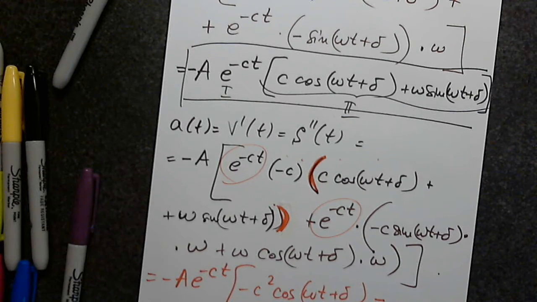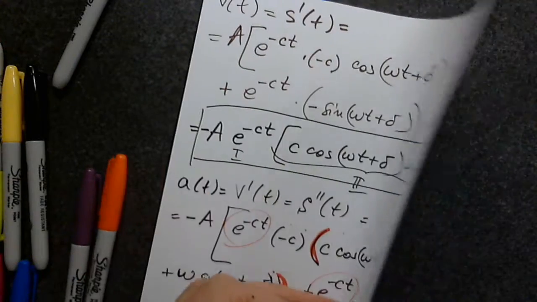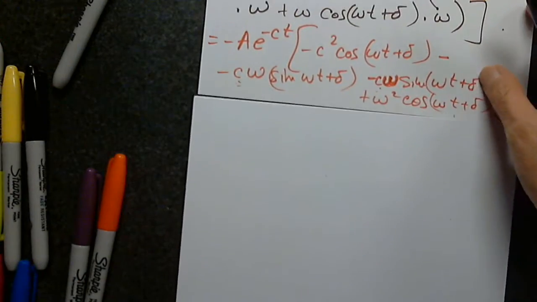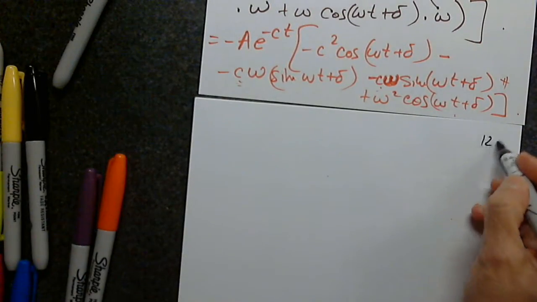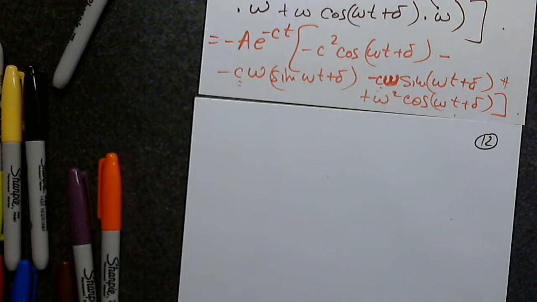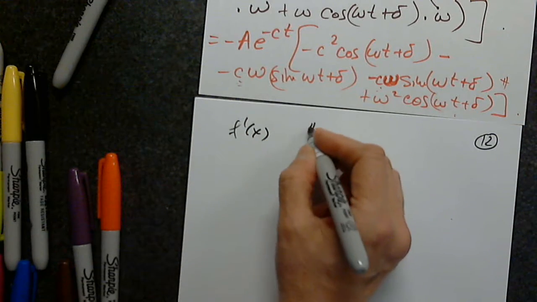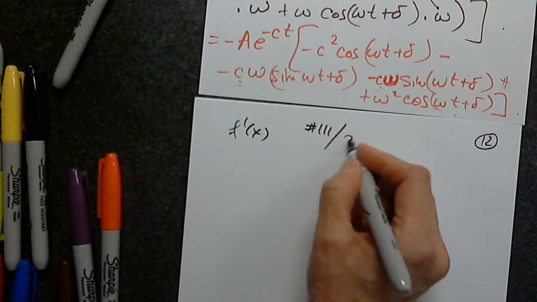Okay, so let's look. This caught my attention. This problem 111. Let's see what we're asked to do. I know I only have 10 minutes or so. So find f prime. This is problem 111 on page 267.